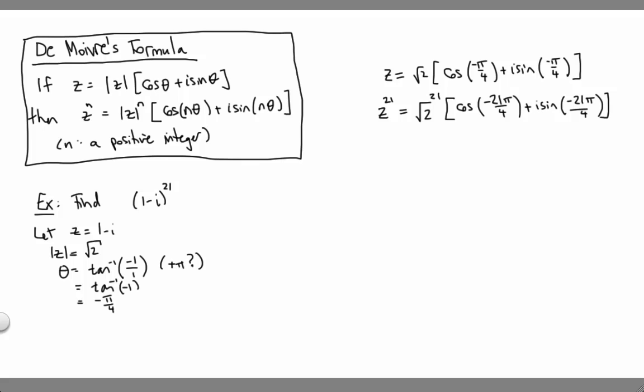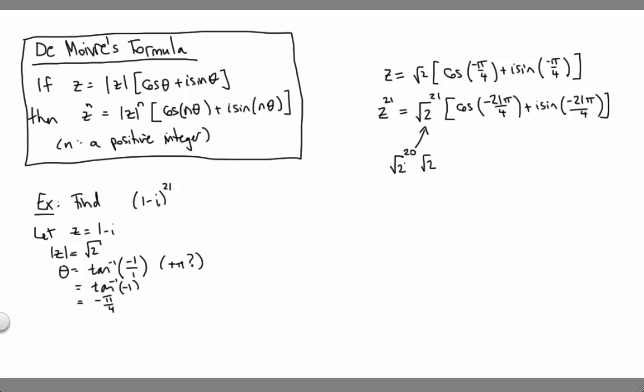Great, so this is technically our answer, but we would normally simplify this. We could rewrite this in either polar form or rectangular form, but let's simplify it and just see what we think is going to be better. So let's talk about the length and the angle separately. To make sense of this root 2 to the 21, let's think of that as root 2 to the 20 times another root 2.